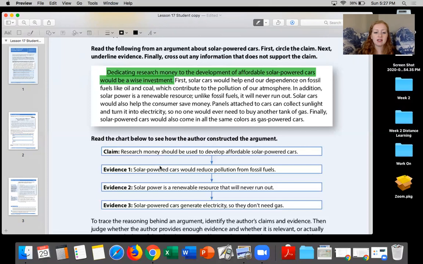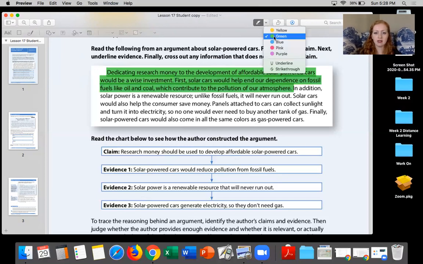Okay. Then let's look at the 3 pieces of evidence. Solar-powered cars would reduce pollution from fossil fuels. Okay, where do we see that? These would help in our dependence on fossil fuels like oil and coal, which contribute to the pollution of our atmosphere. So let's underline that one, except I accidentally highlighted it. Underline.